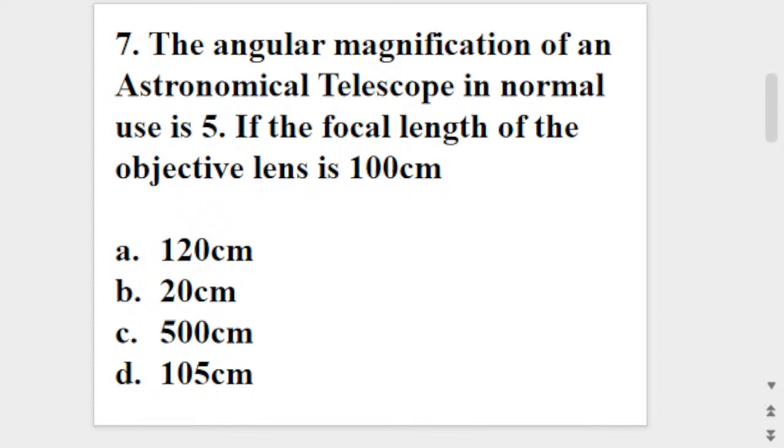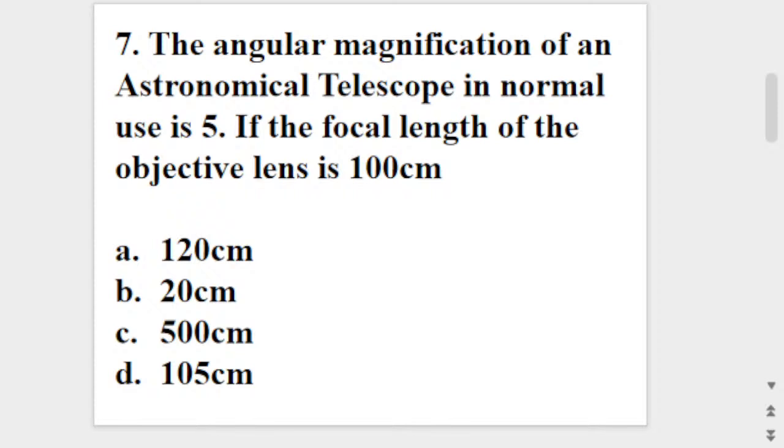Now, we know telescope is one of the optical instruments that are used. And what do we use an astronomical telescope to do? We use it in observing celestial bodies like the stars, the planets, and so on. An astronomical telescope is made up of two lenses, the objective lens and the eyepiece lens.